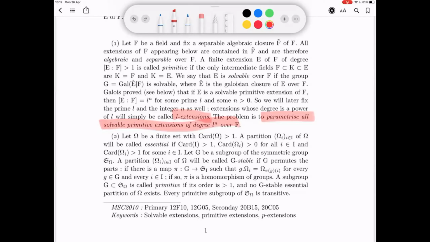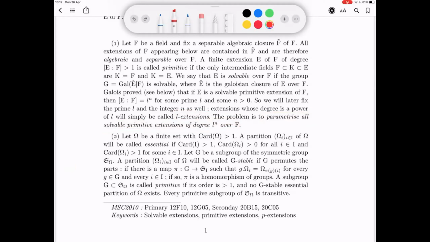A solvable primitive extension of degree L to the 1 is of degree L. Then you don't even have to use the word primitive, because extensions of prime degree are automatically primitive. So the case n equal to 1 of what we are going to do today should give back what we had done earlier, right? Okay, so let's get started.